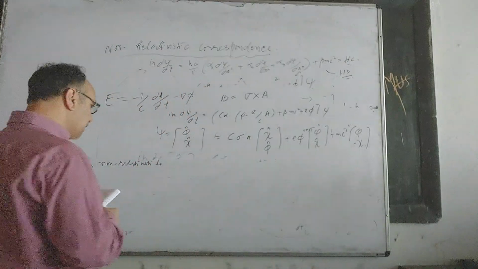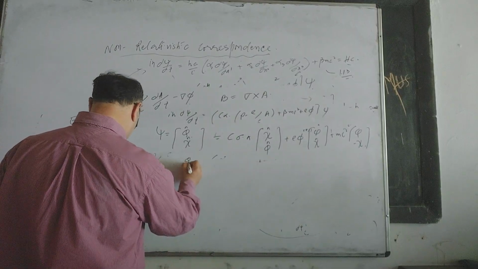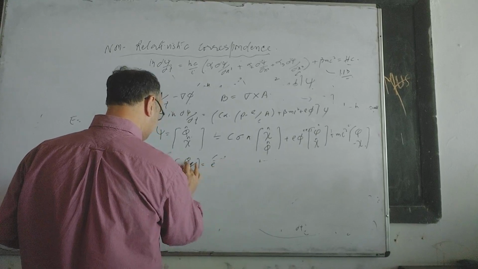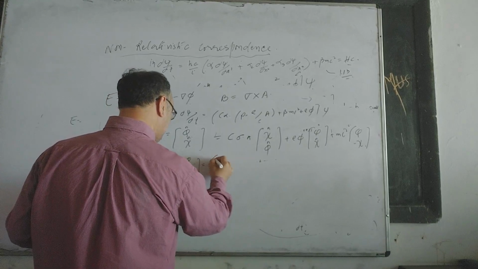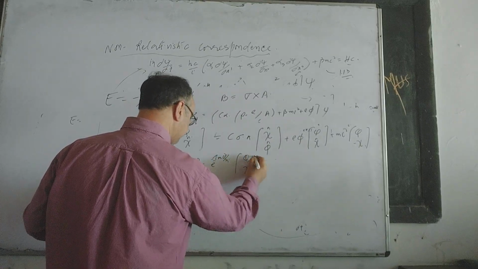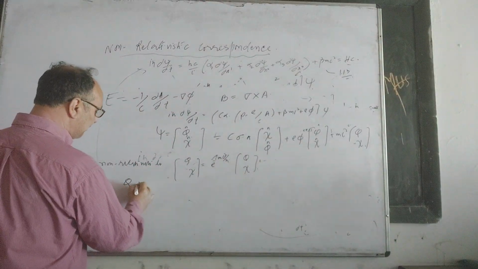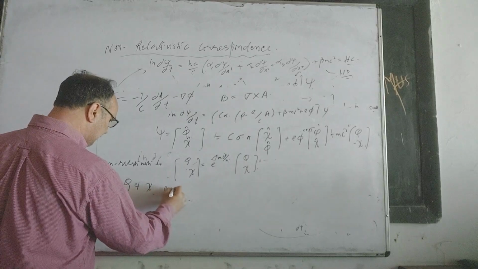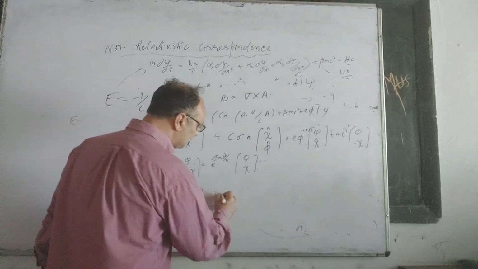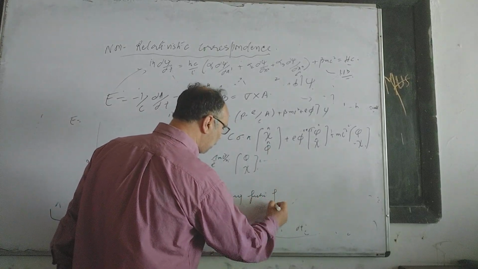In the same way, in terms of phi and chi, we are going to take phi chi e to the power minus, where phi and chi that we have are slowly varying functions of time.